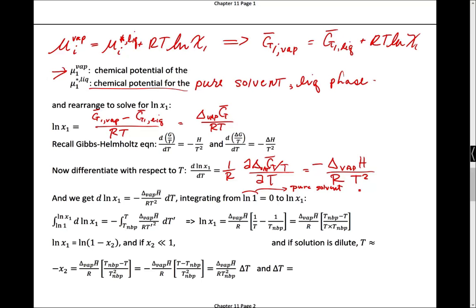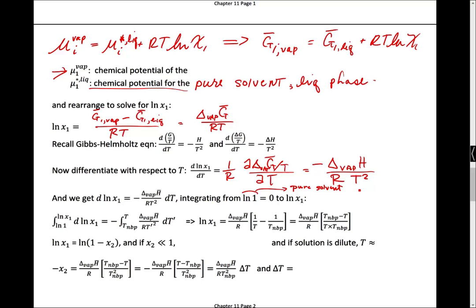The integral of this, well, natural log of 1 is 0, so this left side goes to natural log of x1 only, and then I've got what we've seen before. We can pull out delta H over R in front of the integration. That gets me the difference between the reciprocal of the temperatures. So I have this expression on the right side.